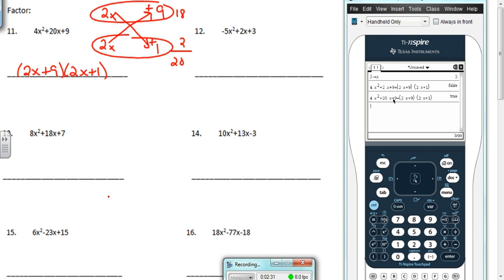Okay, when I look at this again, the first time I typed it in, I didn't get the 20 in. I put in a 2. So when I typed it correctly, 4x squared plus 20x plus 9, I did end up with a true statement. It is 2x plus 9 times 2x plus 1.